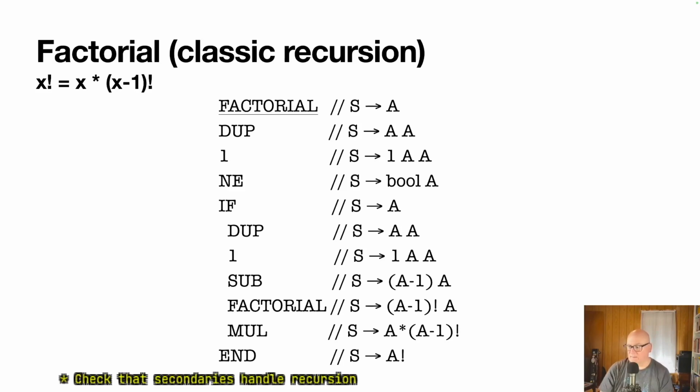So the problem with that is we don't have dupe, we don't have NE, we don't have sub, and we don't have multiply. So we've got 3 or 4 primitives to add before we can plug in our recursive factorial. There's also a little weirdness around that recursive call, because we have to make sure we've defined it enough that we can call it.